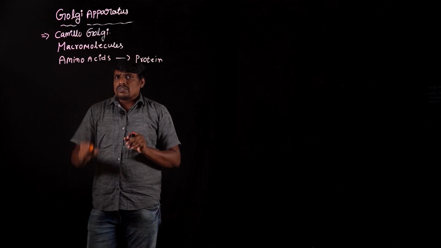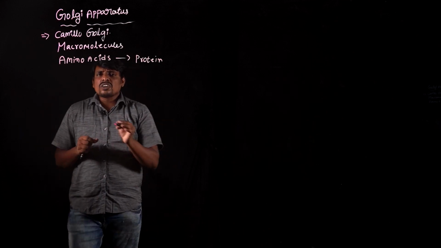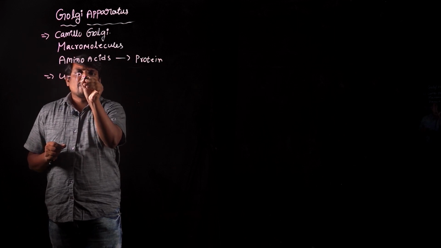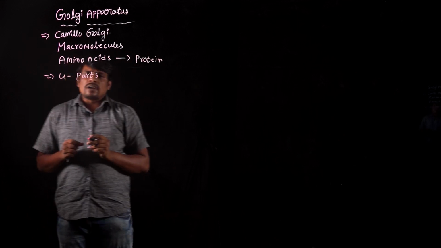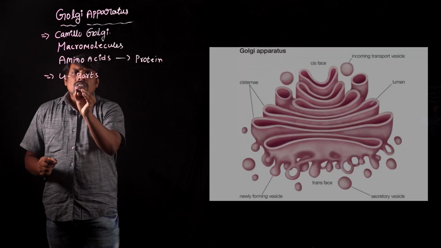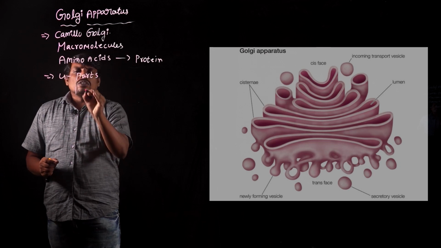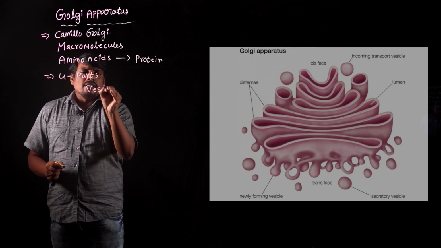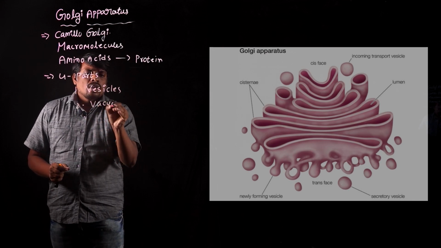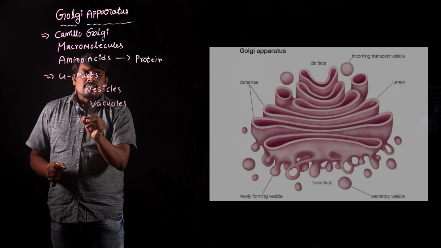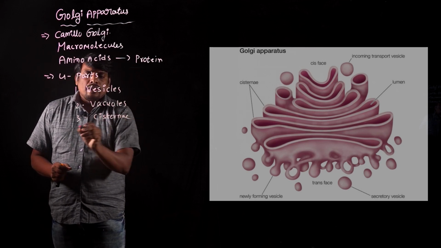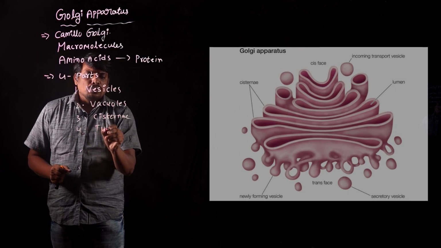If you see the structure of a Golgi operators, the Golgi operators are generally made up of four different types of parts. There are four important major parts seen in the Golgi operators. What are those? Let us see. The Golgi operators contain vesicles, vacuoles, cisternae, and finally the fourth one, tubules.